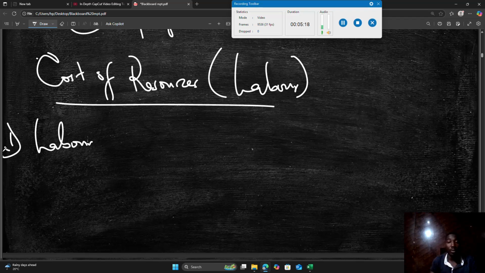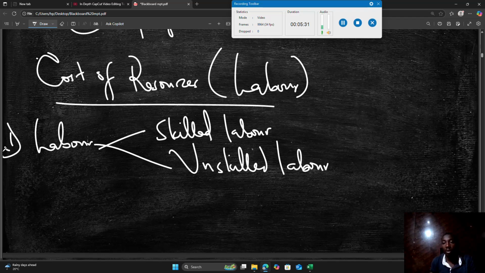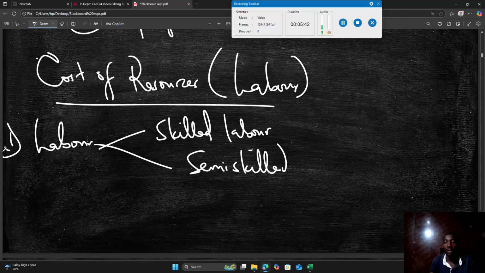Labor comes in two categories. It comes as skilled labor and unskilled labor. Or we could say it is semi-skilled. We could package it as semi-skilled labor. These are usually tradesmen.